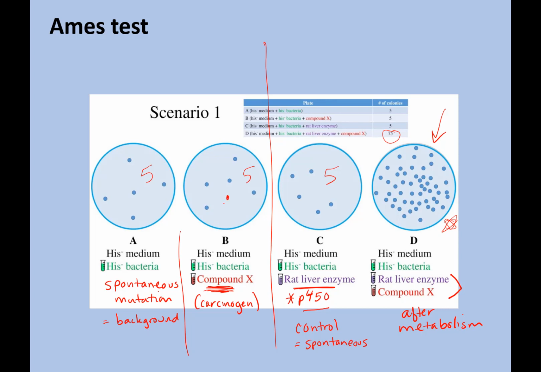If you had seen a whole bunch of colonies here, you would say compound X is a carcinogen even without being processed in the liver. Okay. And if for some reason you saw a whole bunch of colonies on your controls, right, then you would say, I have messed up this experiment somehow. I need to start again.